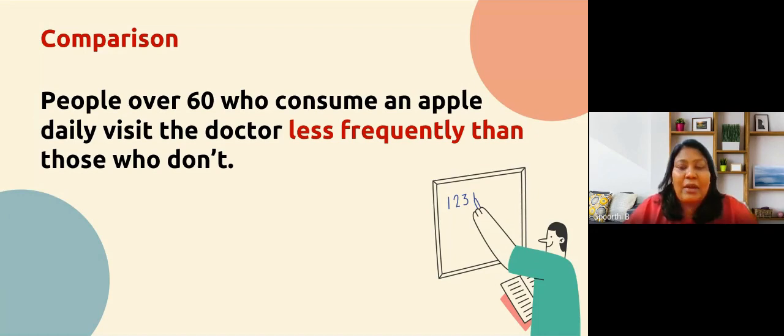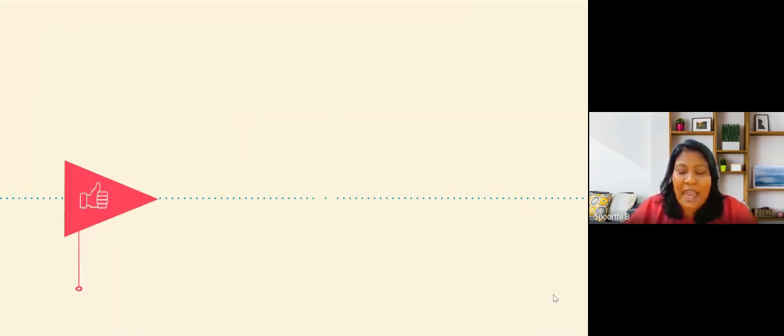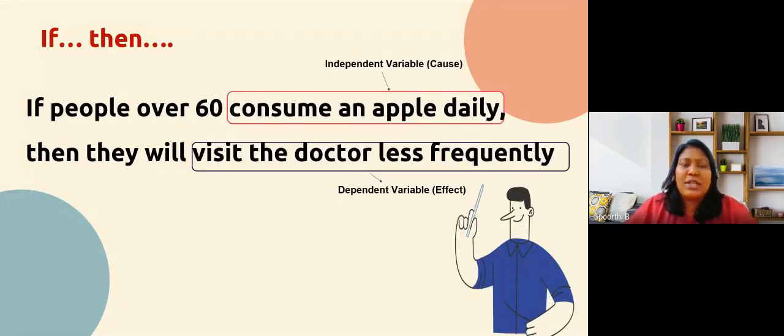Right? Now, I'll go back to this and tell me, what kind of research tools will I use if I'm using this method to phrase my hypothesis? How will I get the data? How will I collect the data? If people over 60 consume an apple daily, then they will visit the doctor less frequently.